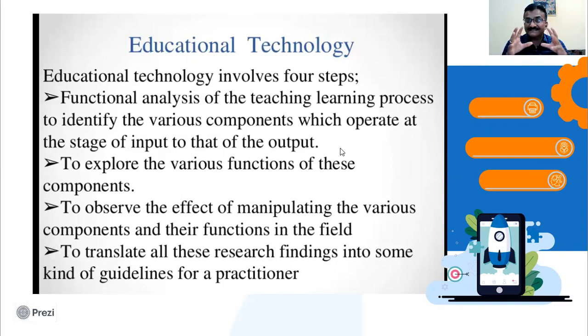Understand my point? These various types of components should be identified, and there has to be a functional analysis of the teaching learning processes. Such identification of the various components surely operates and makes the inputs to get the output.